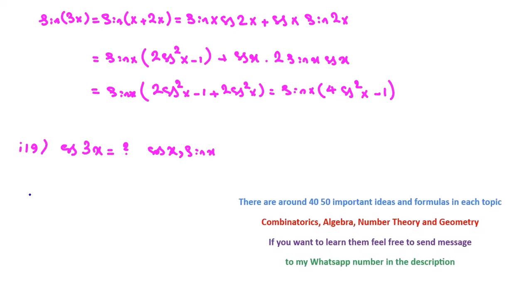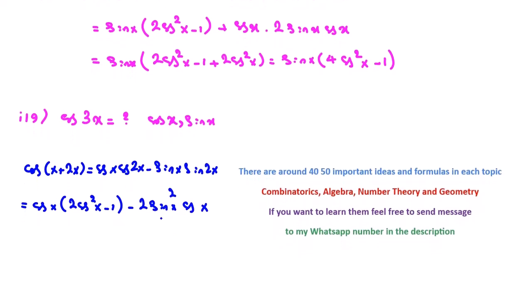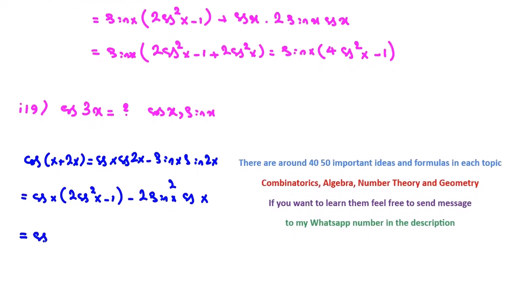Okay, so let's try also this part together. Here it will be cosine of x plus 2x. It will be cosine x cosine 2x minus sine x sine 2x by using the formula of cosine A plus B. Then it will be cosine x times 2 cosine squared x minus 1, minus sine x times 2 sine x cosine x, which is 2 sine squared x cosine x. Then we can do what? We can factor out cosine x.